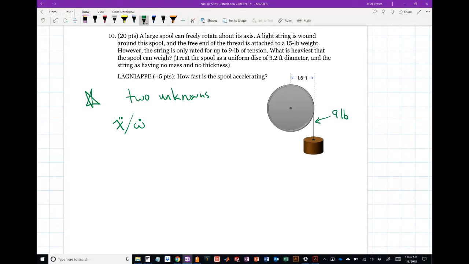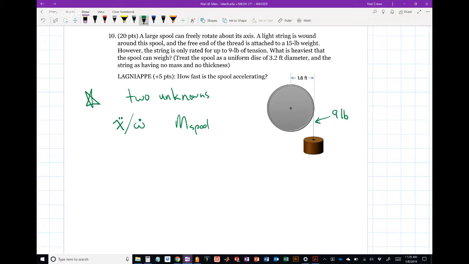These are related, so that's one unknown. The other unknown is the mass of the spool.